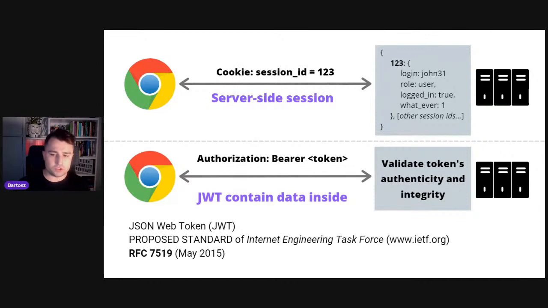In this approach, the information about the user or the session of the user is inside the token. And this token is usually attached, it's not the only way, but usually, to the authorization header as a bearer token.